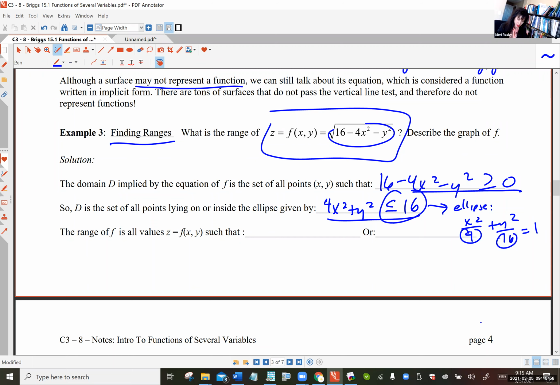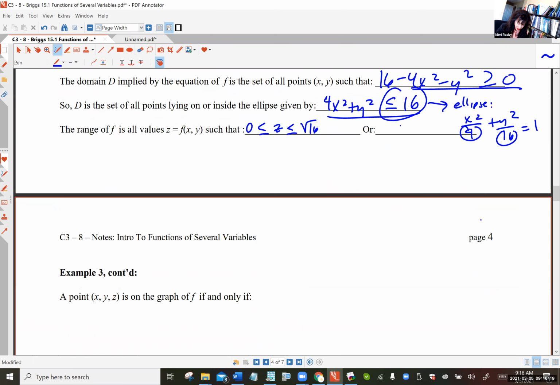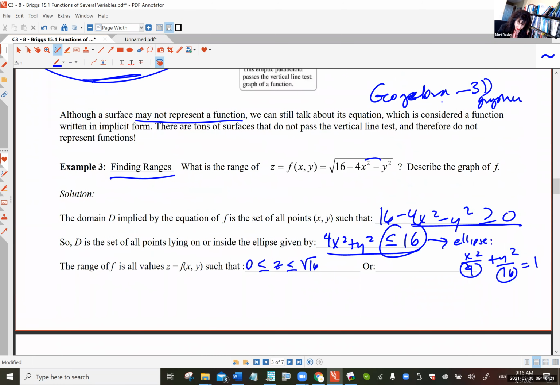Okay, so the range is going to be all values such that z is greater than or equal to 0, but less than or equal to the square root of what? Well, the biggest value that radical can get is the square root of 16, because you're taking 16 and subtracting something and then subtracting something else.